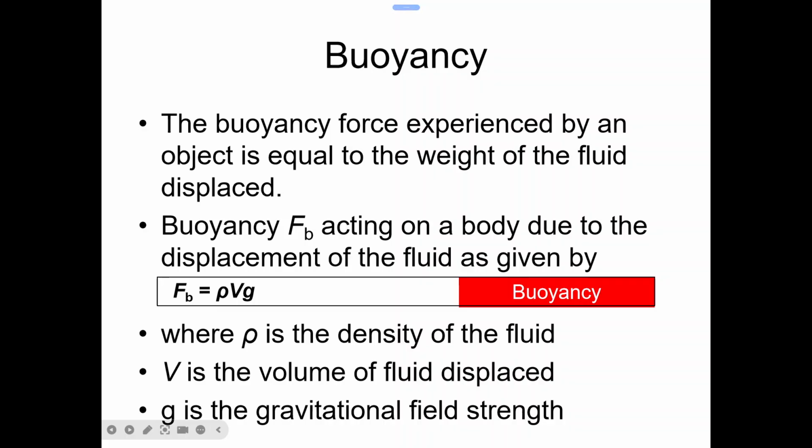So the mass of 50 milliliters of water should be how many grams? 50 grams. 50 grams equals 0.05 kilogram. If you times by 10, the weight of the water is 0.5 Newton. Isn't it exactly the same as the buoyancy?